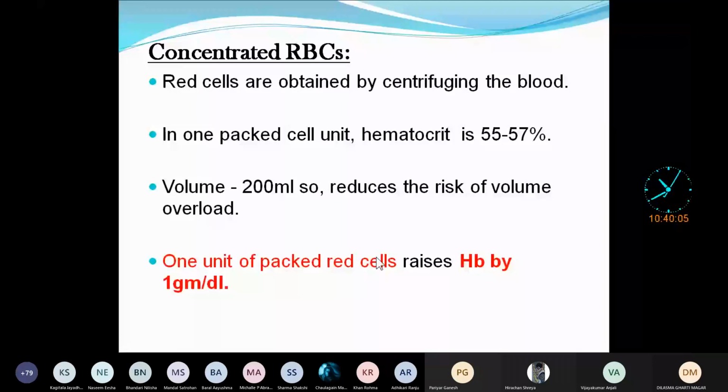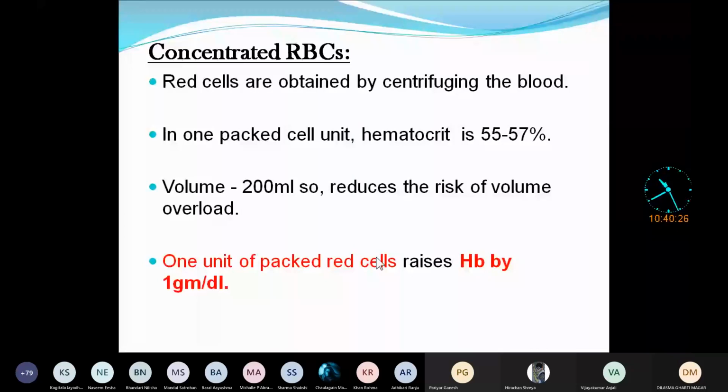If blood is taken only for 350 ml, we cannot make the components. Understood here? To have the different components from the blood, we cannot make them from this 350 ml. We have to take the 450 ml.